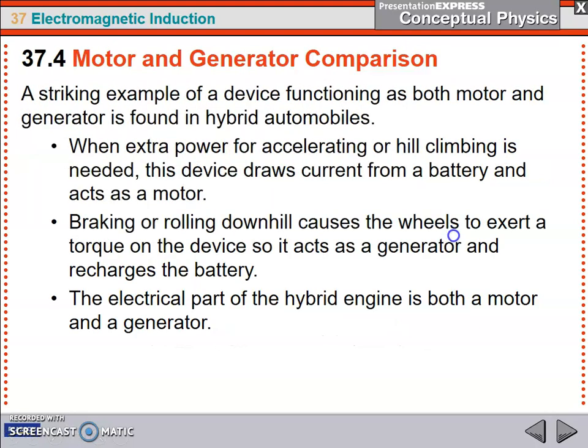Okay. Now, in the real world, there is one time nowadays where we have an example of something that does both a motor and a generator. A striking example of a device functioning as both a motor and a generator is found in hybrid automobiles. When extra power for accelerating or hill climbing is needed, this device draws current from the battery and acts as a motor.